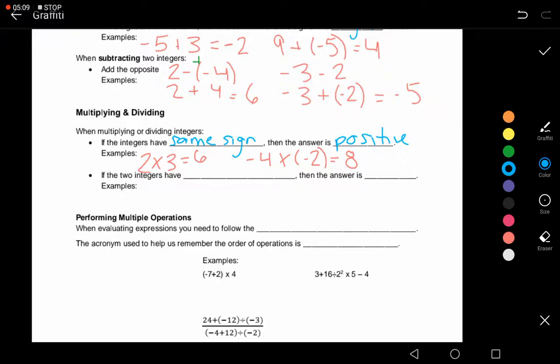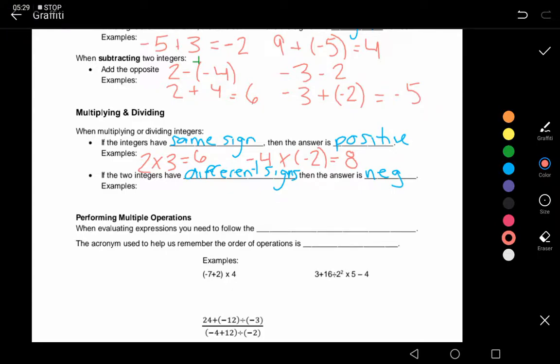Okay, on the other hand, if the two integers have different signs, then the answer is negative.